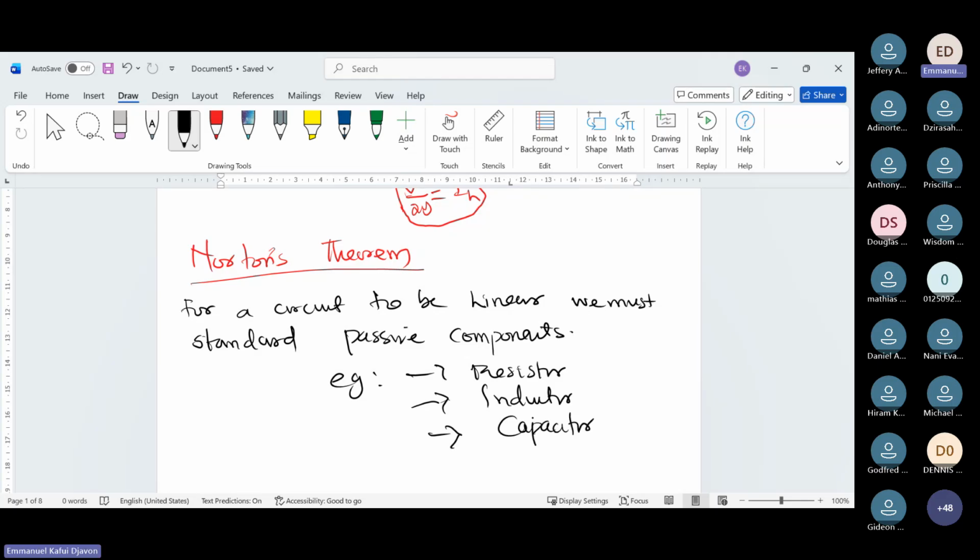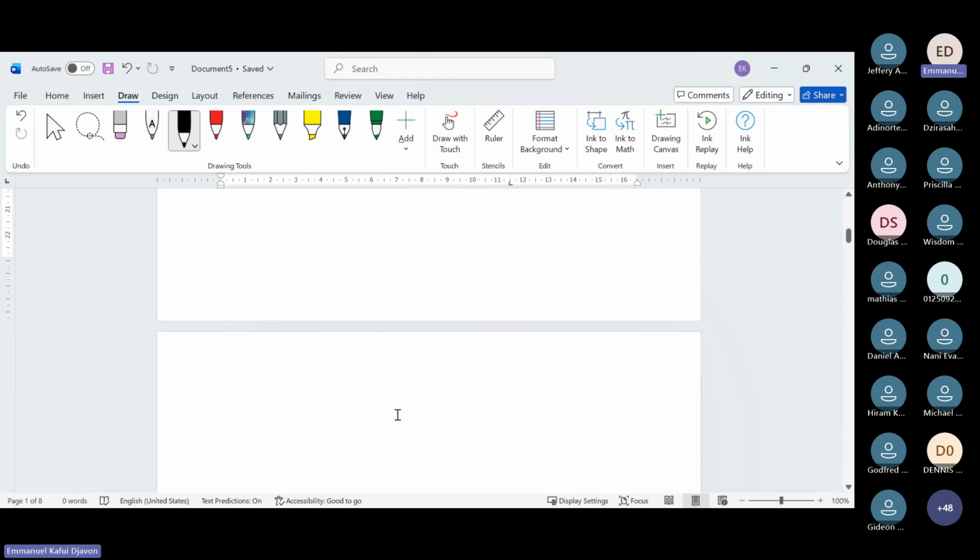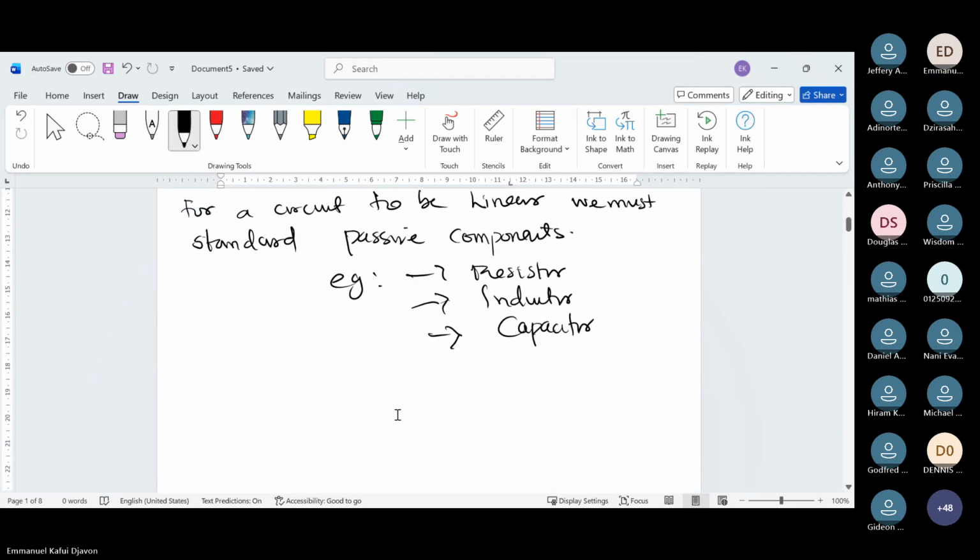So when you have this, you say we have a standard passive component. Also, you have to note that most voltage sources, batteries, and current sources are also linear. So now we talk about the Norton equivalent circuit.